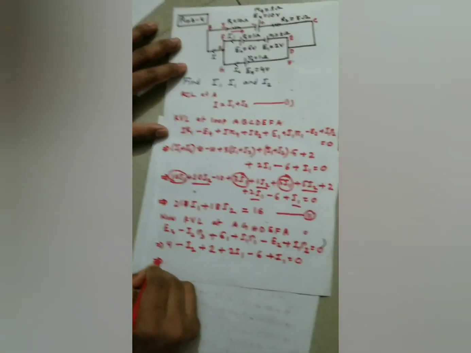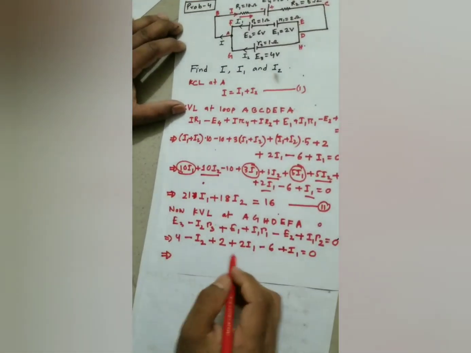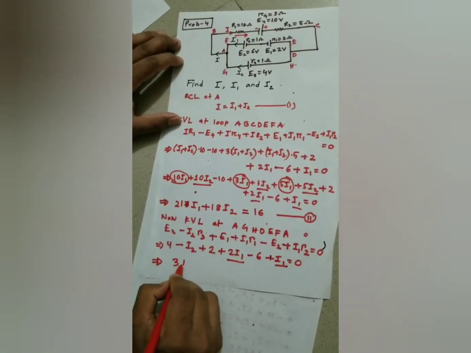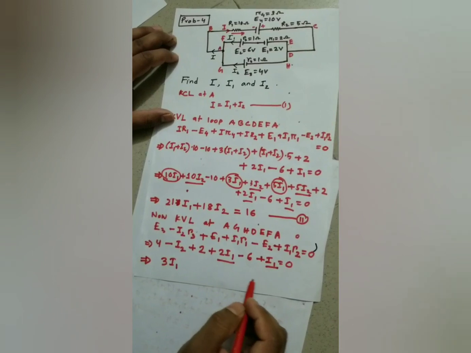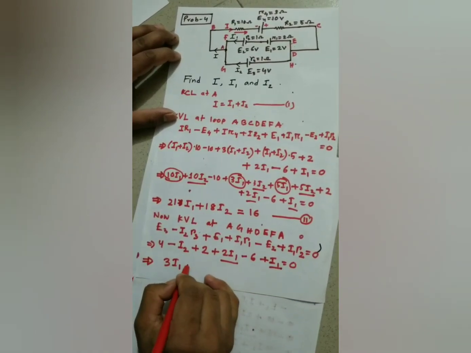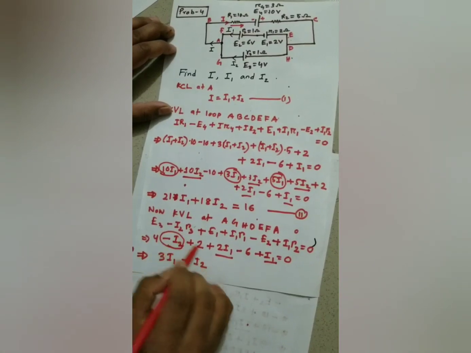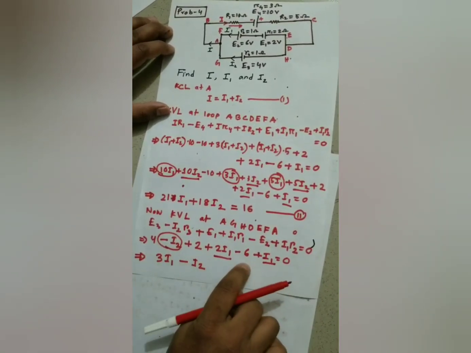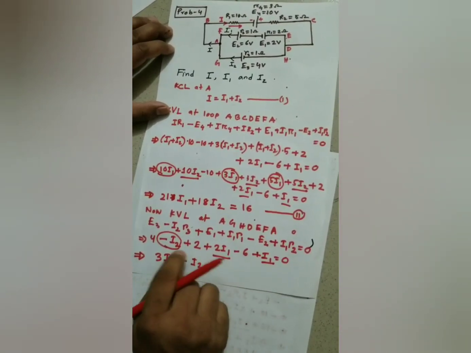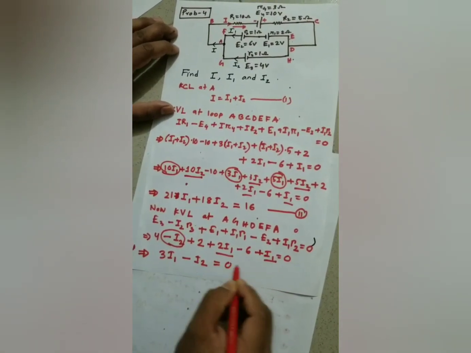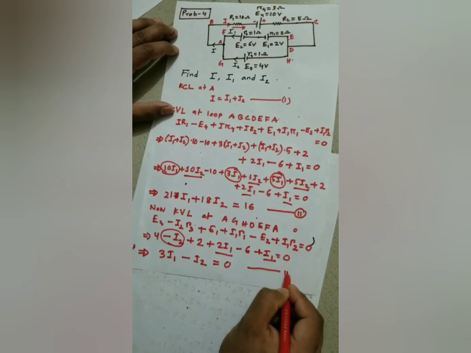After simplification we can write 3I1 minus I2, and 4 plus 2 minus 6 means 0. That is equation 3.